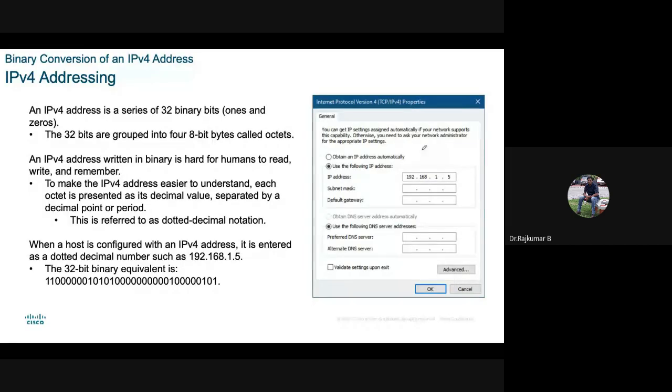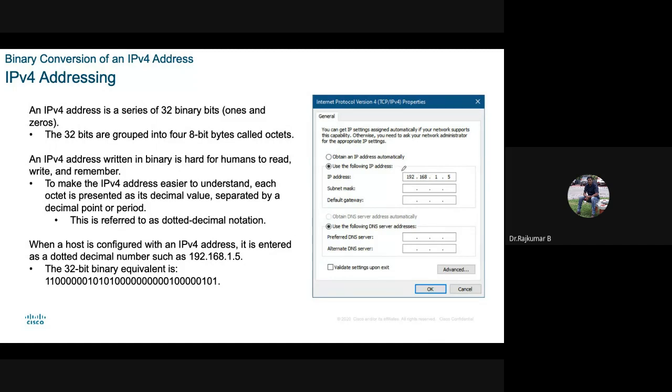Here you can find the Internet Protocol Version 4 TCP/IP properties, where the IP address is assigned in dotted decimal form: 192 is one decimal, 168 is one decimal, 1 is one decimal, and 5 is another decimal.